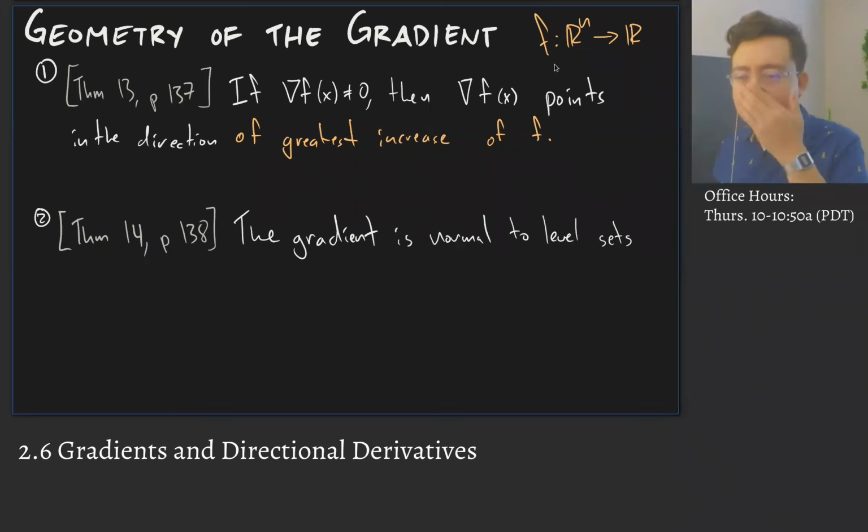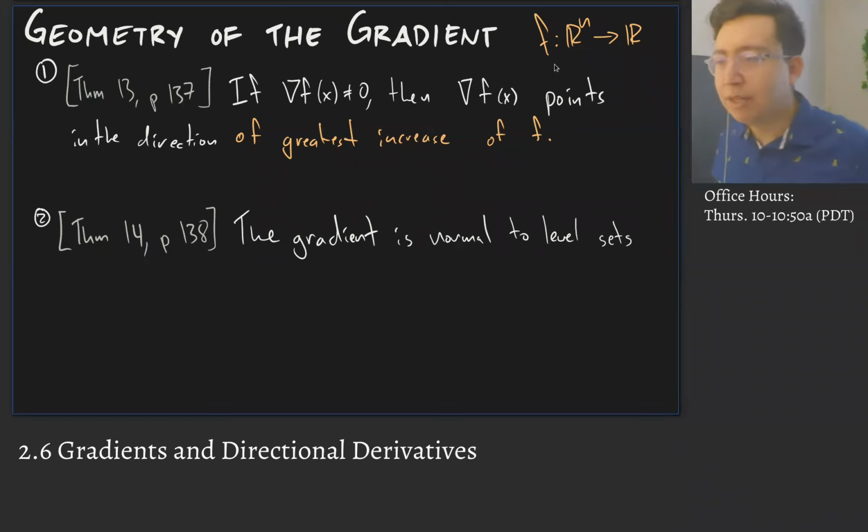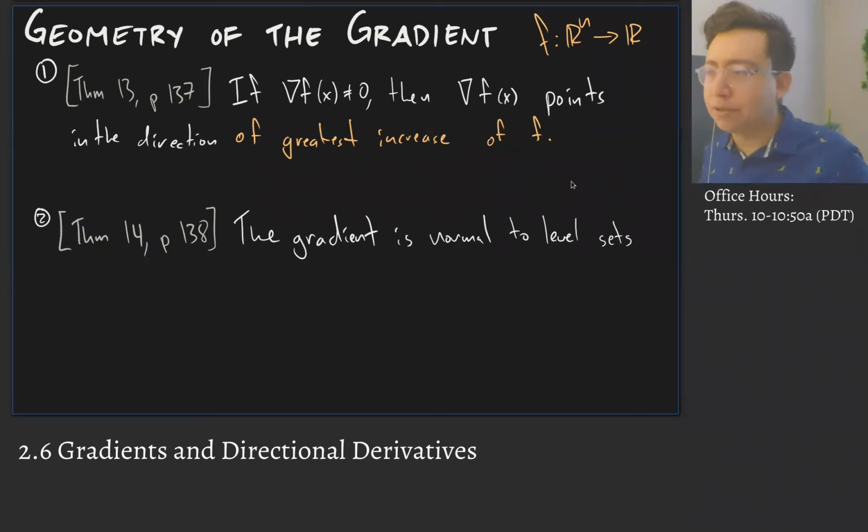And now that we know what a directional derivative is, we know what that means. If you take the directional derivative in the gradient of f direction, that's the biggest it can get. It makes sense because the way we compute the directional derivative is we take the gradient and dot product it with the direction vector.